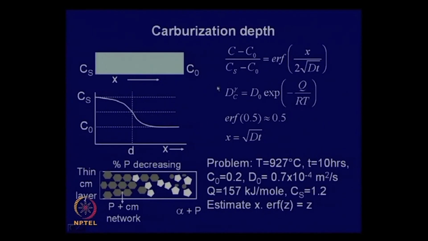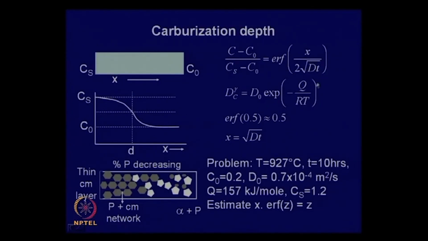We have seen that the carbon concentration C at any instant at any position is given by this error function, where C0 is the initial carbon content of the steel, Cs is the carbon content at the surface, x is the distance from the end where you have high carbon concentration, D is the diffusivity, and t is the time.